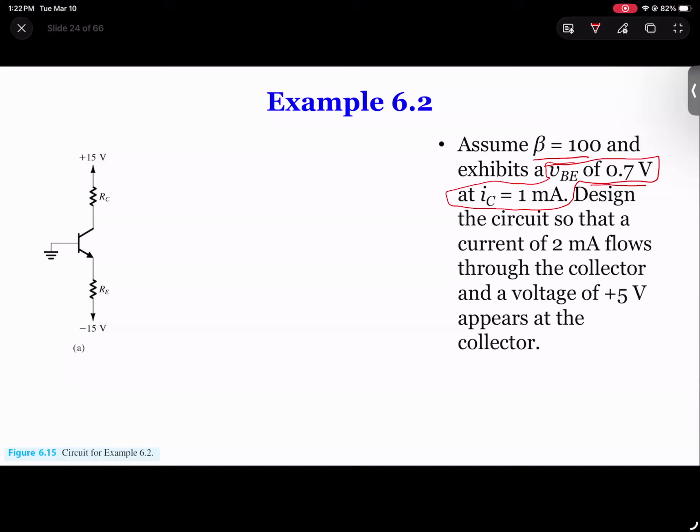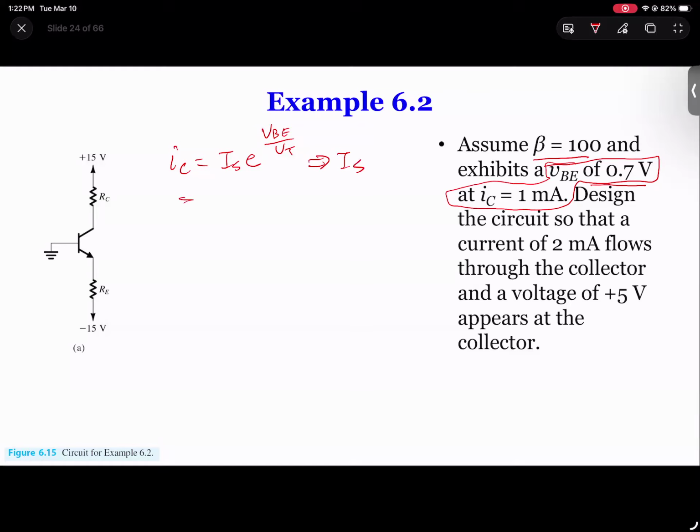So what this really says is that IC equals IS times e to the VBE over VT, right? So if VBE is 0.7, IC is 1 milliamp, VT is 25 millivolts, what can you solve for? IS, right? So you can find IS.